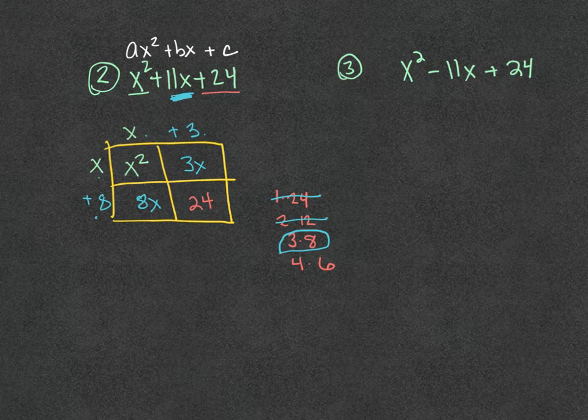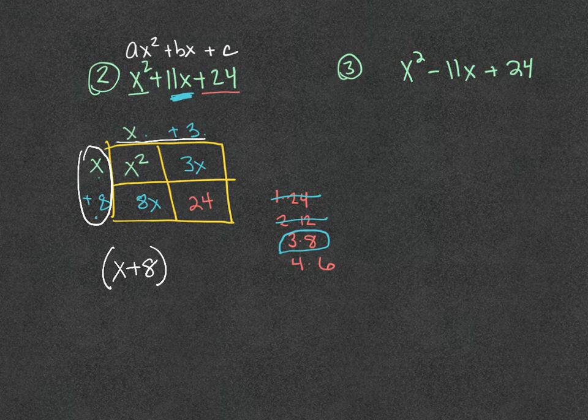And there's our positive 24. Okay, so that tells me that I have the correct set of factors, and I'm now able to write my final answer, which is going to be this factor here, x plus 8, and this factor here, which is x plus 3.